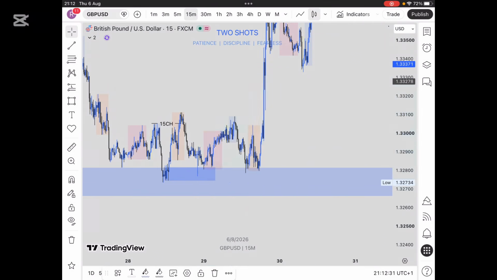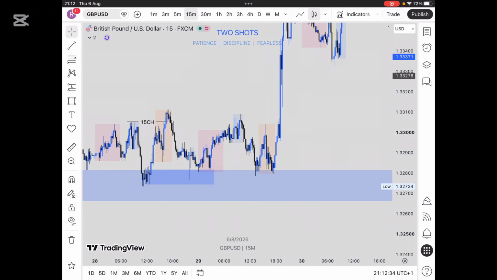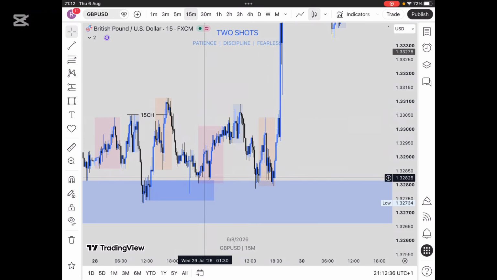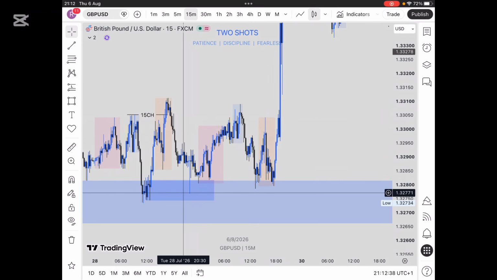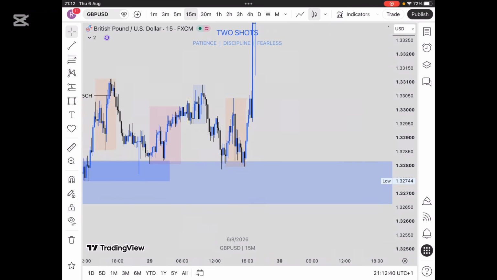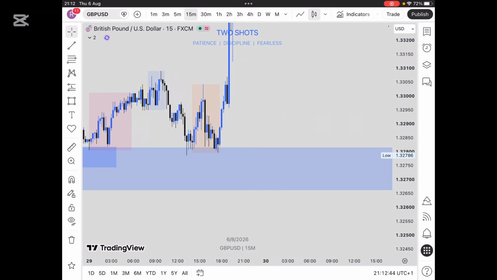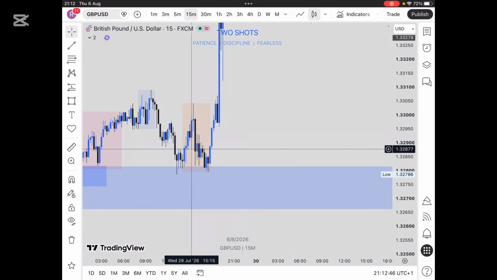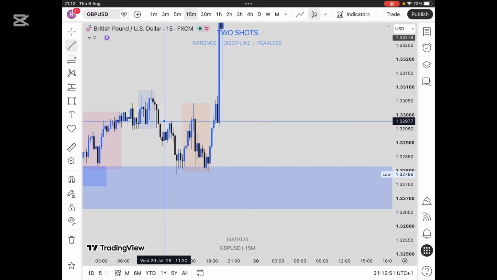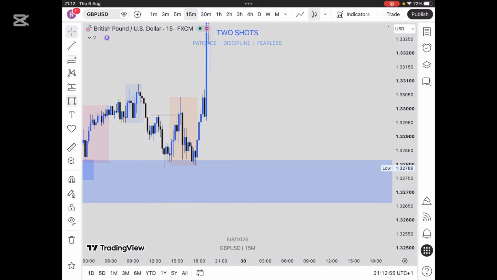If you want to be conservative, then you would wait for price to come back down here and give you another internal confirmation, which would have been somewhere here the following day. This is my trading window. The moment this high was taken out right here, I would have looked for an entry.